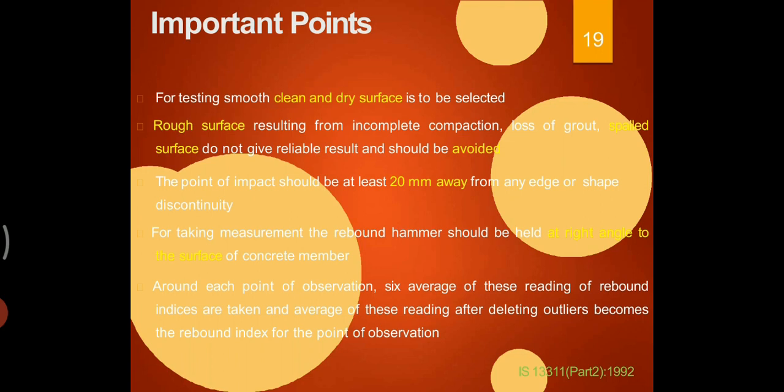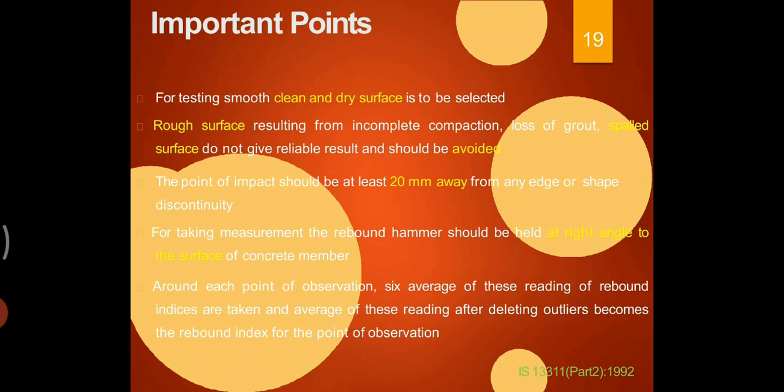Some important points to be considered while doing this test. For testing, smooth, clean and dry surfaces should be selected, because undulation should be avoided. Rough surfaces resulting from incomplete compaction, loss of grout, or spalled surfaces do not give reliable results and should be avoided. The point of impact should be at least 20 mm away from any edge or shape discontinuity.